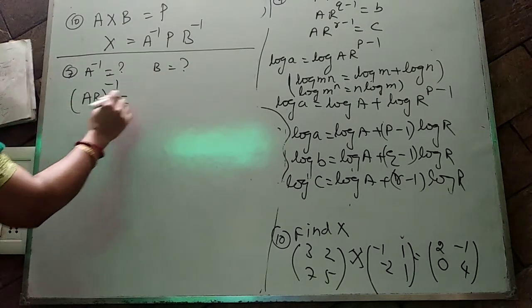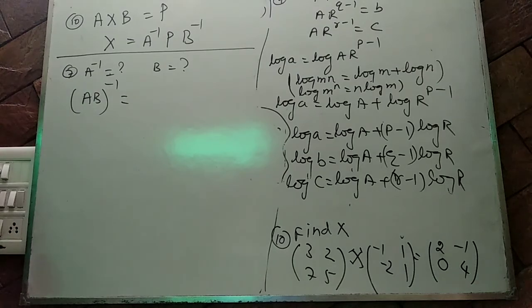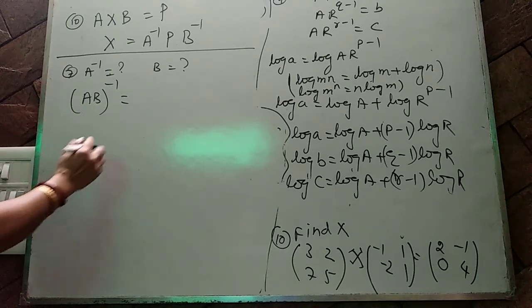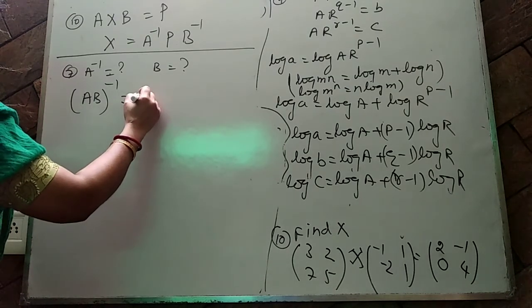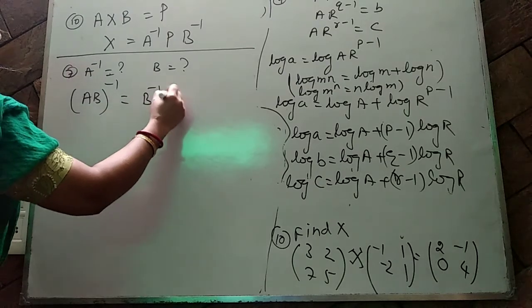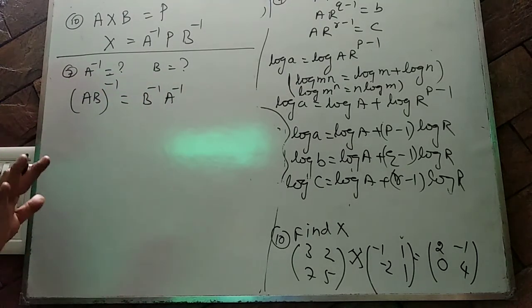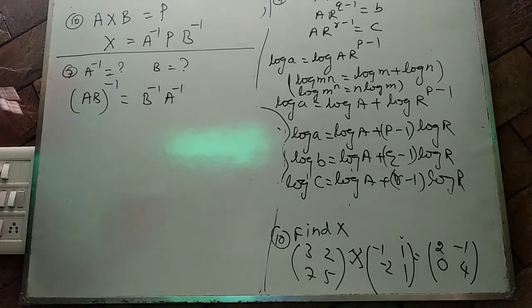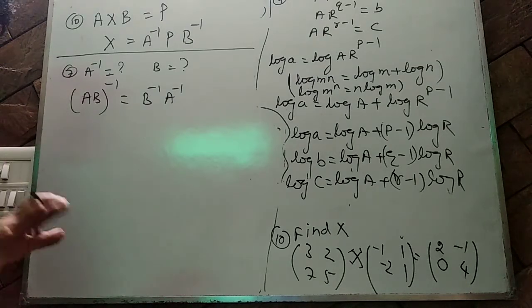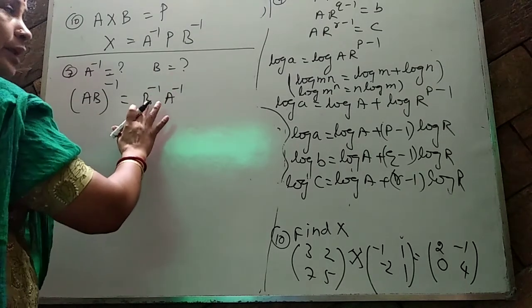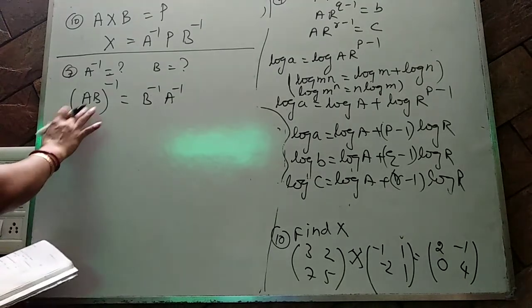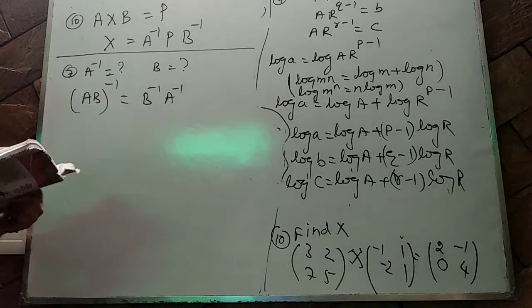AB whole inverse they are asking. What is the formula for AB whole inverse? B inverse, A inverse. Beta, A inverse is already given. B inverse you know how to find by minor and cofactor. Unless elementary operation is mentioned, don't touch it. Find B inverse, then B inverse into A inverse, you will get AB whole inverse. Okay, that is question number 7.